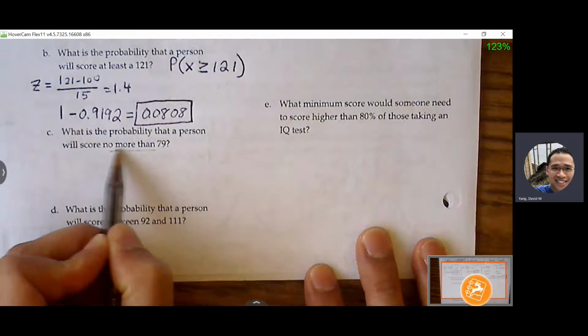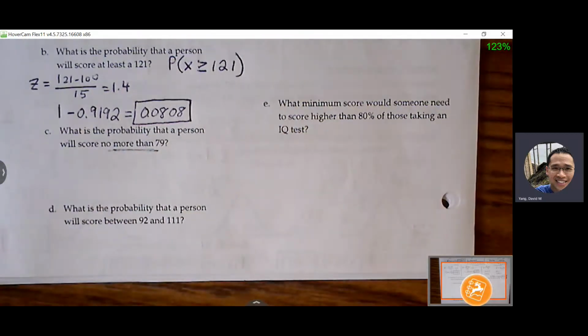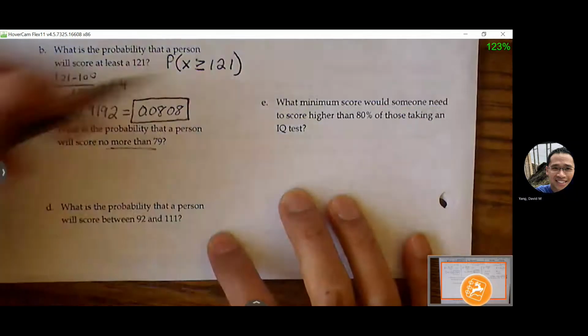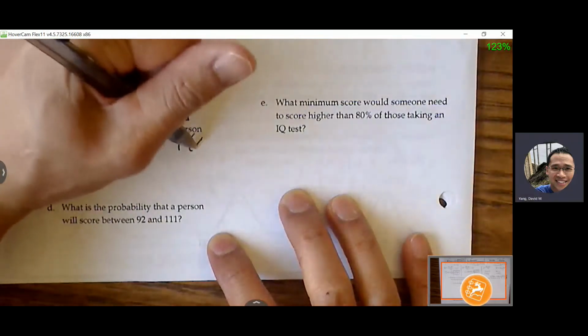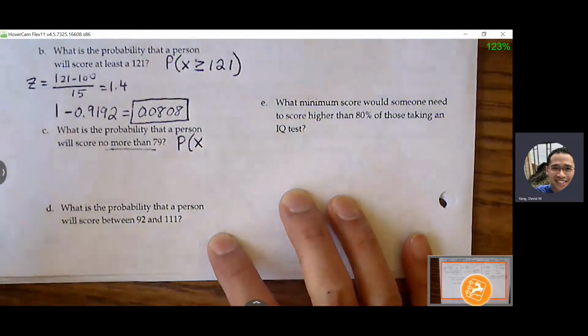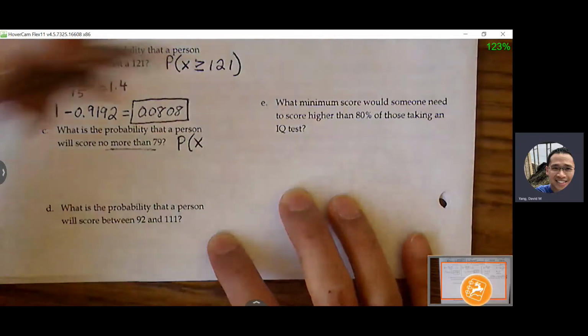Okay, again, it's the wording that trips a lot of students up. What does no more than 79 mean? That means less than, right? That means less than 79. But it does make for an easier process because once you find your decimal, that's it. You don't have to subtract from 1.